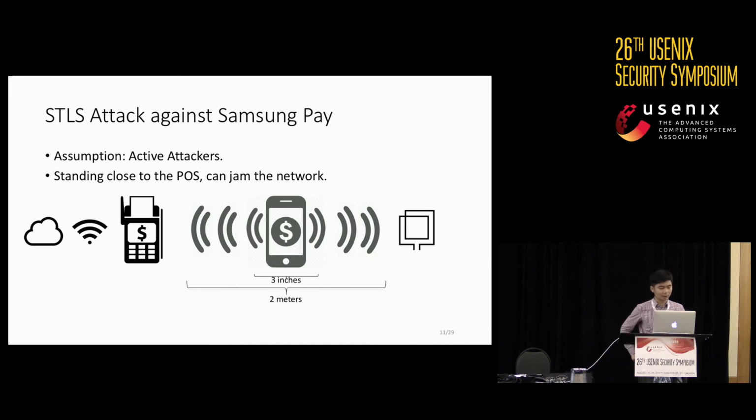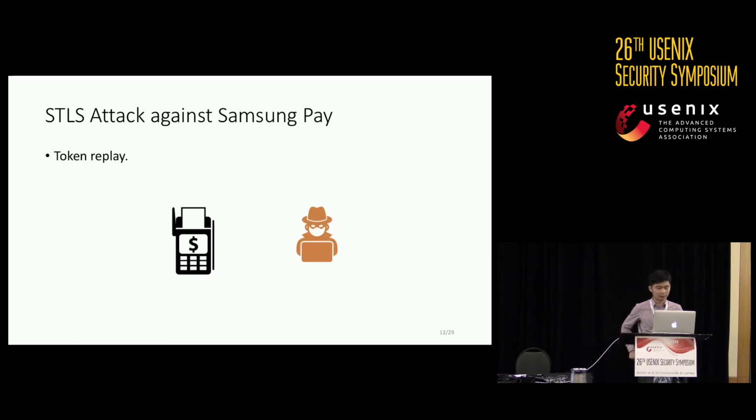And at the same time, the active attacker can disconnect the POS machine by simply turning on a commercial network jammer. And the token can be decoded from the signal captured by the man-made antenna, and then the attacker can send the token to her colluder for replay.